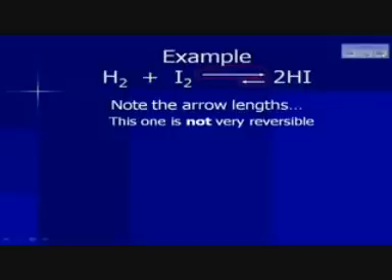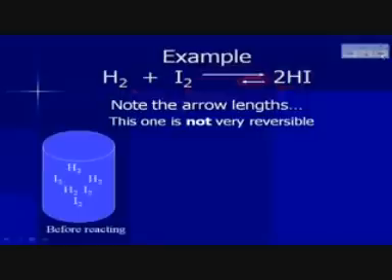Now it does have a small arrow pointing to the left, which means that some of these products here are converted into iodine and hydrogen, which were our starting materials, but not a whole bunch of them. That's why we have a small arrow, meaning that reaction doesn't go that direction very well. Here's a graphical interpretation of that.